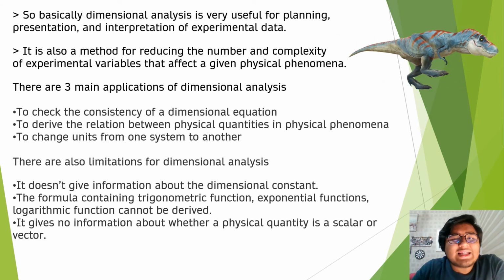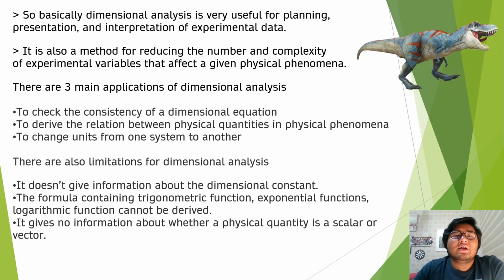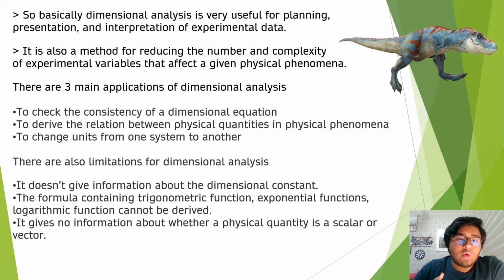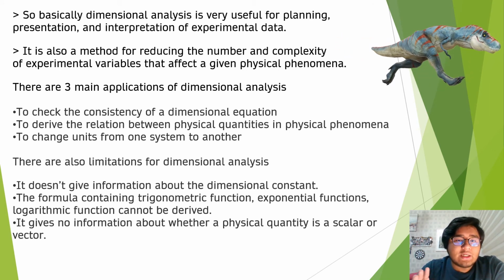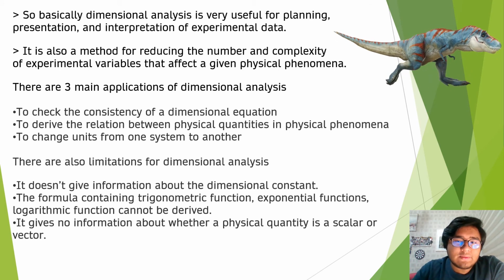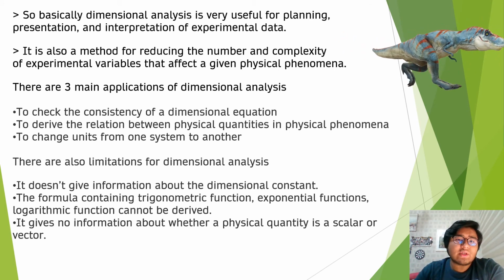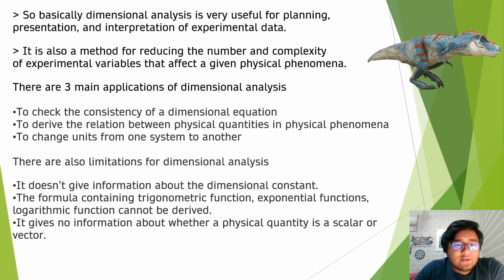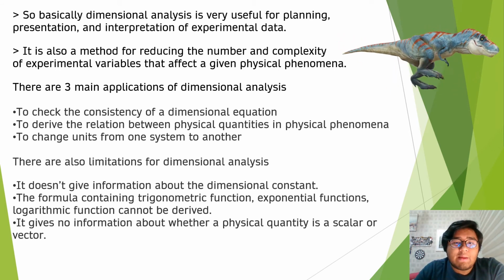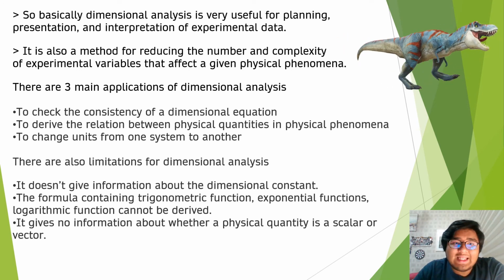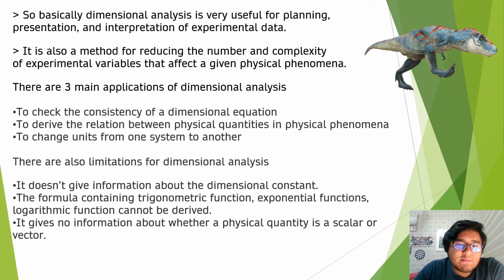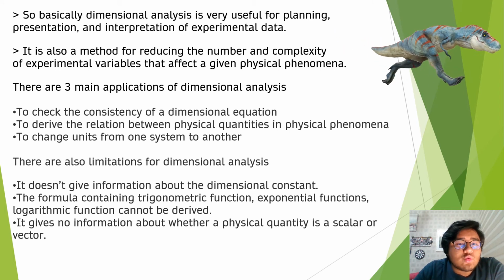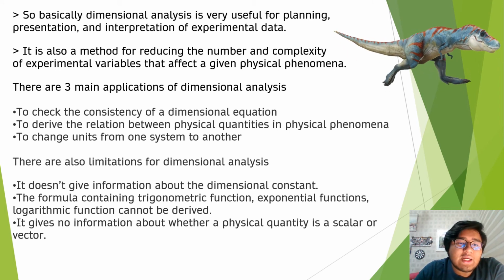Using dimensional analysis gives us a simple way to interpret experimental variables. There are three main applications of dimensional analysis. First, to check the consistency of a dimensional equation. Second, to derive the relation between physical quantities in physical phenomena. Third, to change units from one system to another.